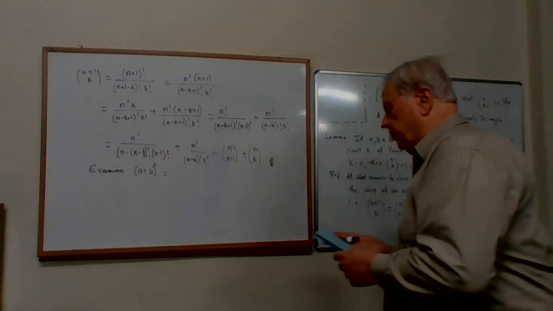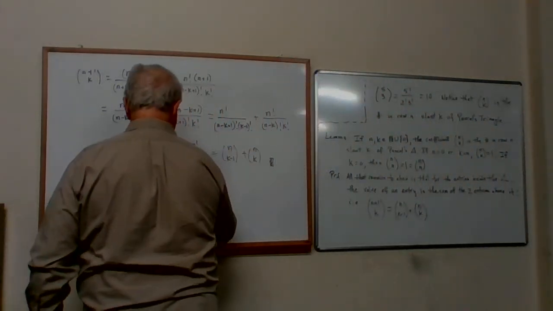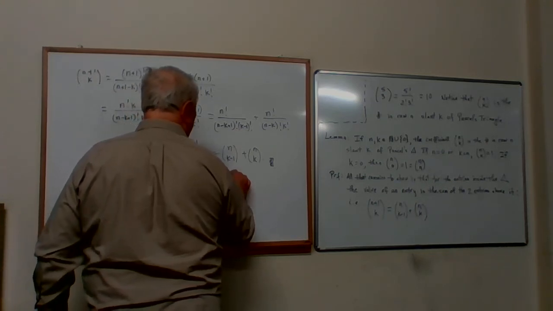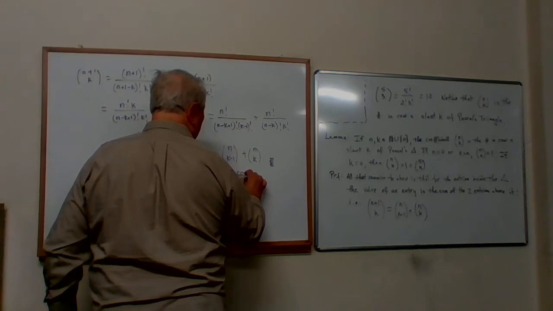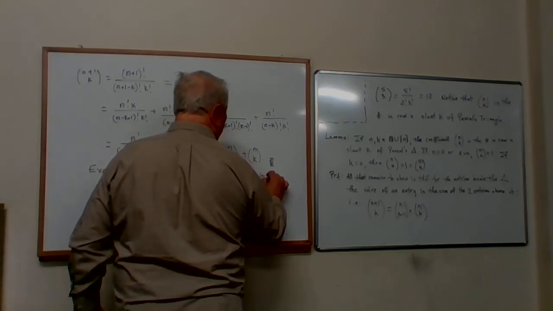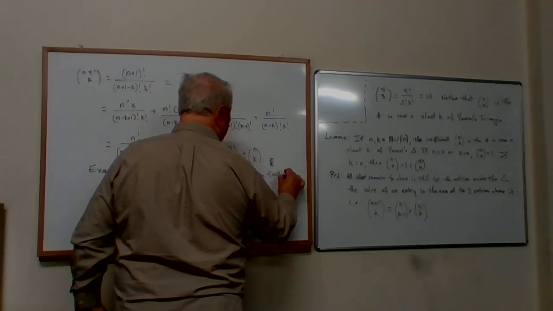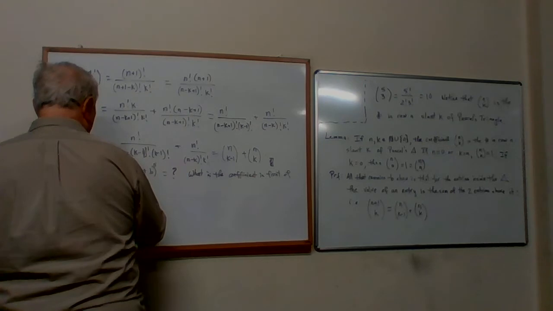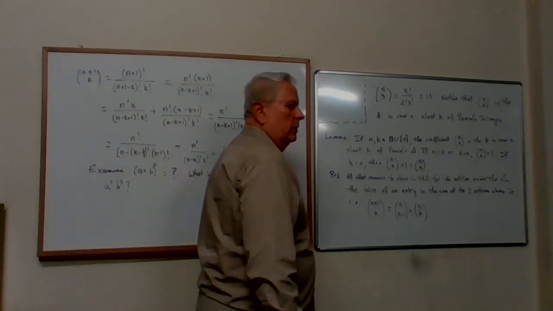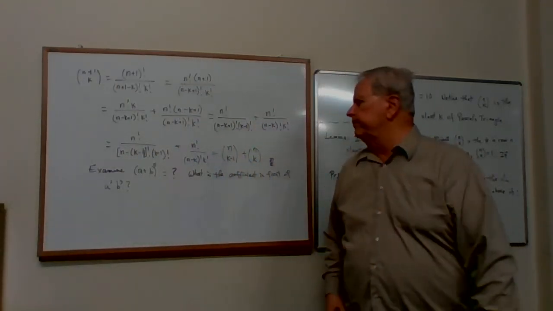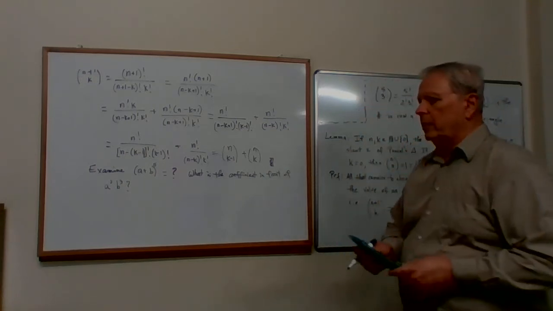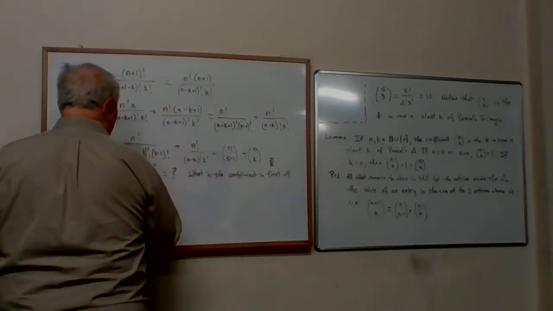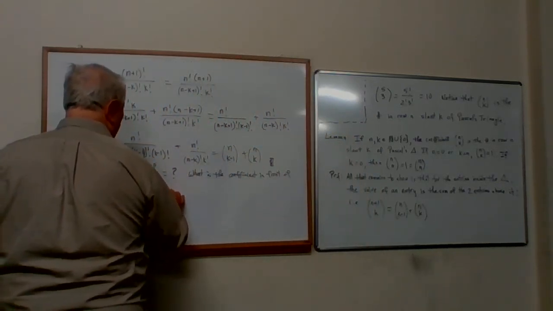I'd like an easier way of doing that. So let me ask you this question. What is the coefficient in front of the term a squared b cubed, to take one just as an example? Well, what happens? Let's write this out.